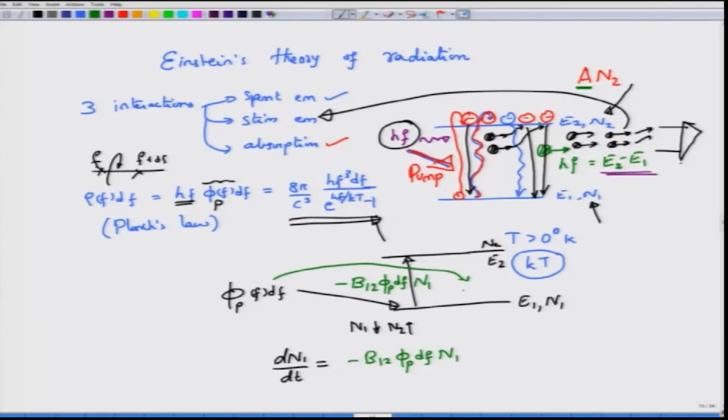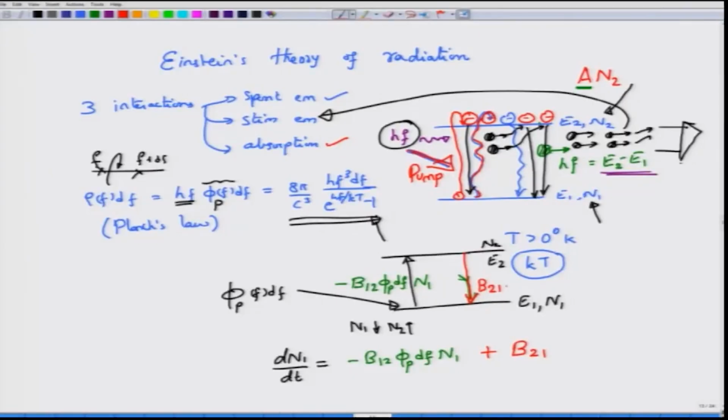The idea of stimulated emission is that it will increase the population level of energy state E1, and therefore that stimulated process can be written as plus B21, where 21 stands for interaction from 2 to 1, or emission from level 2 to level 1.